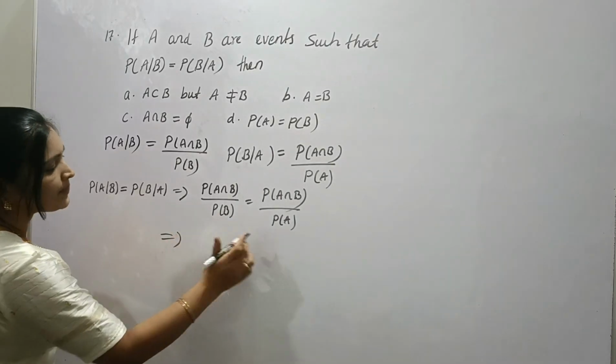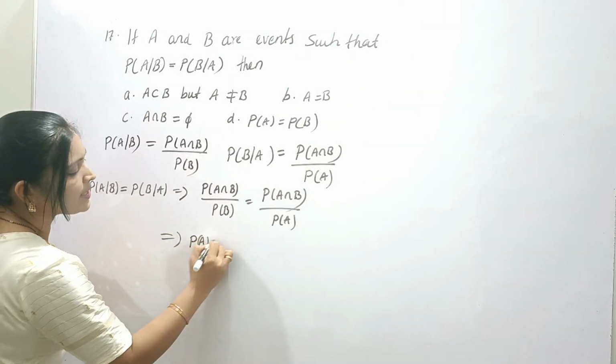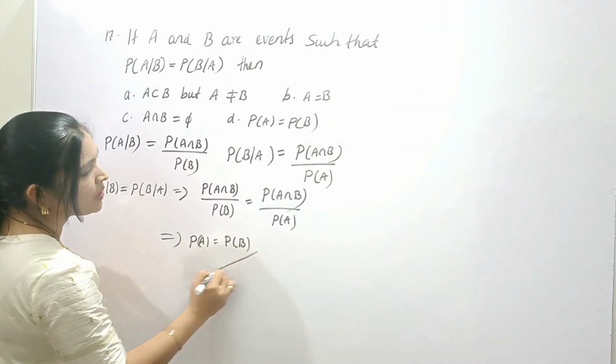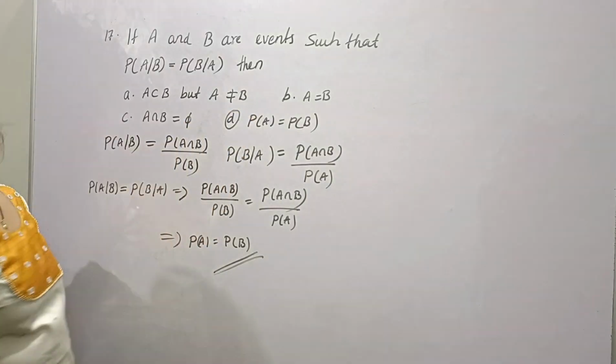Thus, this implies probability of A is equal to probability of B. So, D is the correct answer.